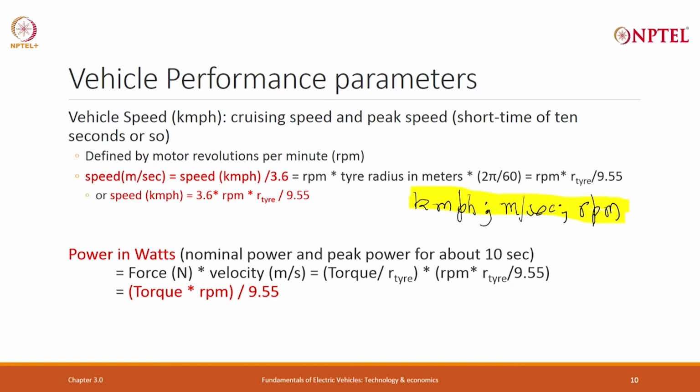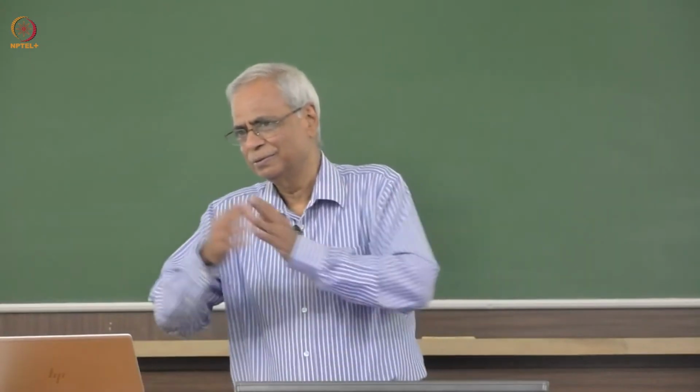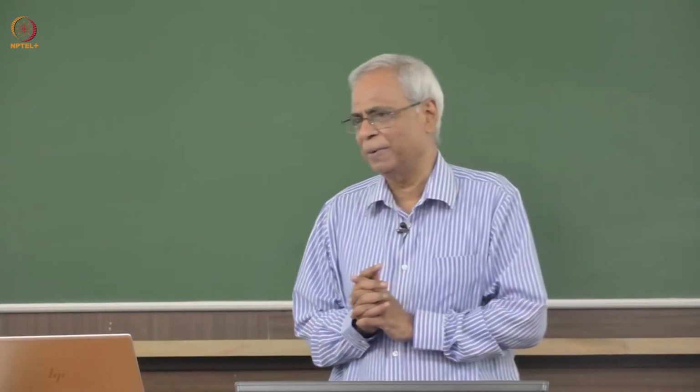This is another very important thing. You know the torque and you know the RPM, so you know your power consumption. If you have 3000 RPM and torque is 20 Newton meter, 3000 into 20 divided by 9.55 gives you about 6000 watts, 6 kilowatts, very simple. These two you must remember: the conversion of RPM to meters per second to kilometers per hour, and power in watts as torque into RPM by 10.